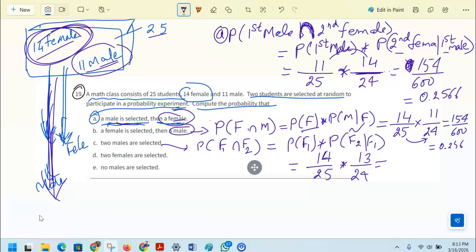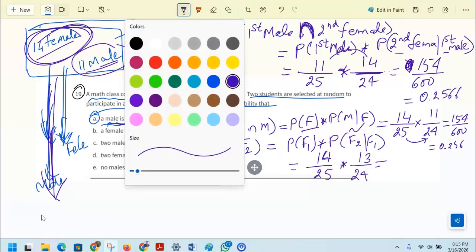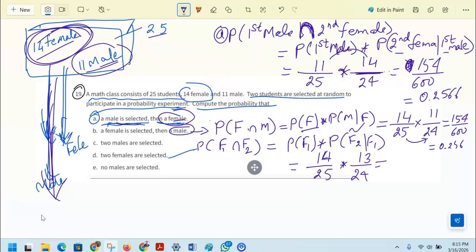Question number C, I think by mistake I did, this should be D, question number D. Okay, I'm sorry. Since I'm talking about female, this is the answer for this. Let me check.